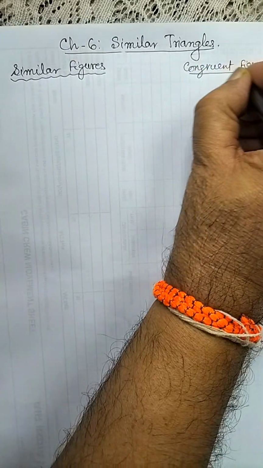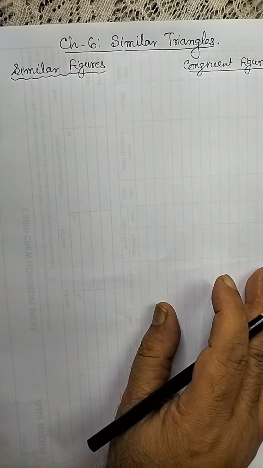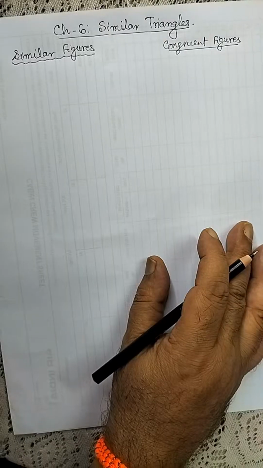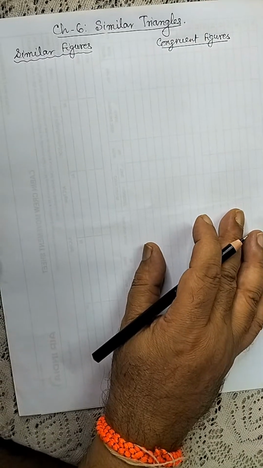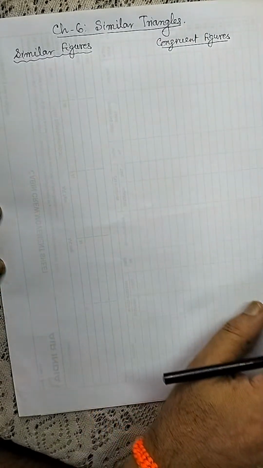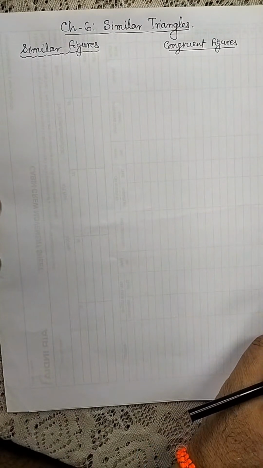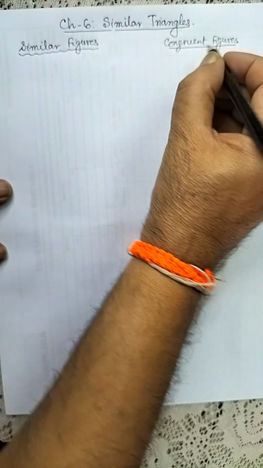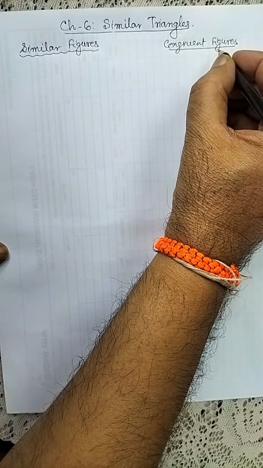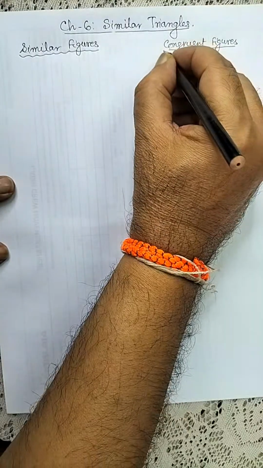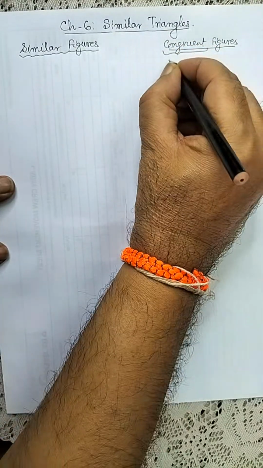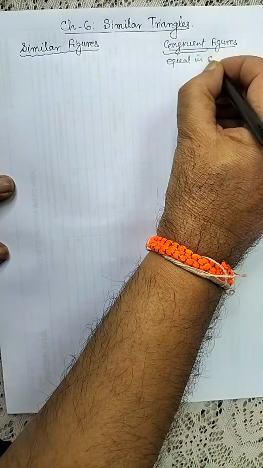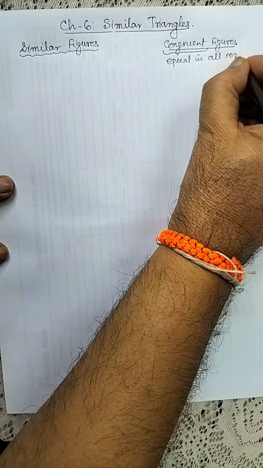So we need to understand very clearly what we mean by similar figures and congruent figures. If these basics are clear, then it will be easy to understand. Now, congruent figures or congruent triangles, as you have studied. The word congruent means equal in all respects.